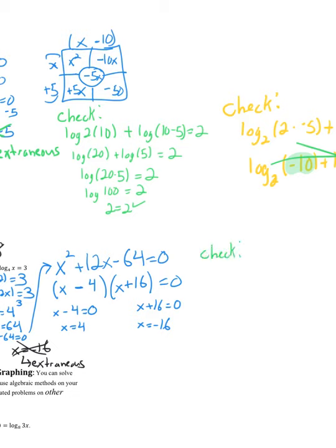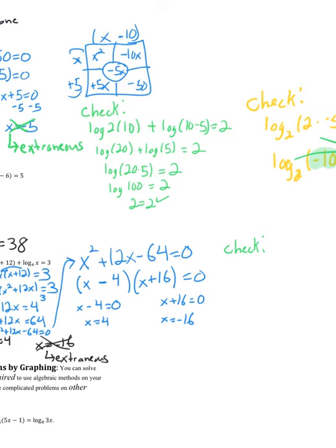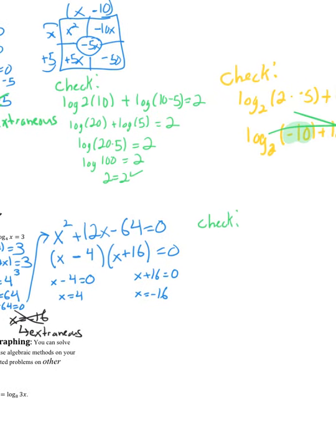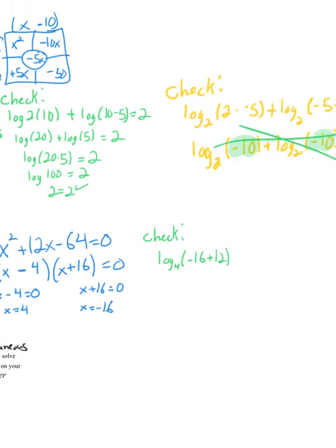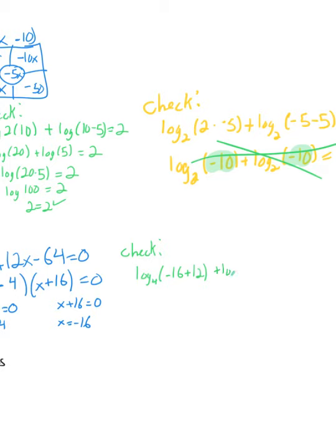And I already know the x equals 4 is going to work, so I'm just going to check the other one for you guys right now, just to show you what an extraneous solution looks like again. So we do log base 4 of negative 16 plus 12 plus log base 4 of negative 16 equals 3.